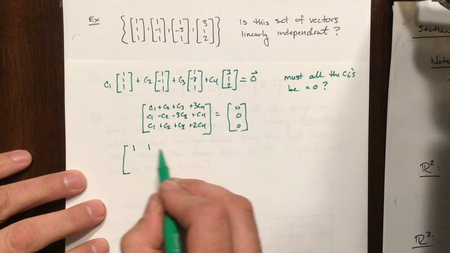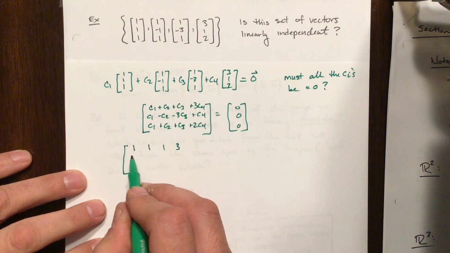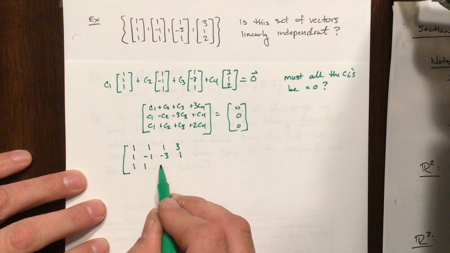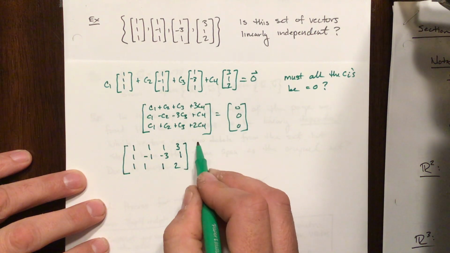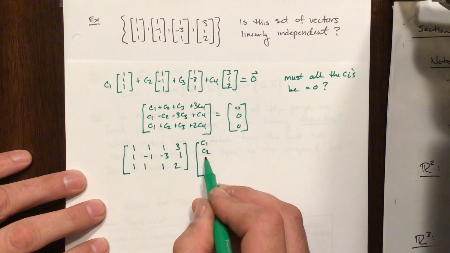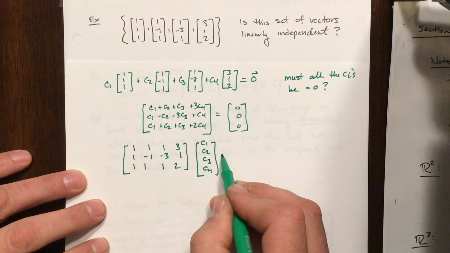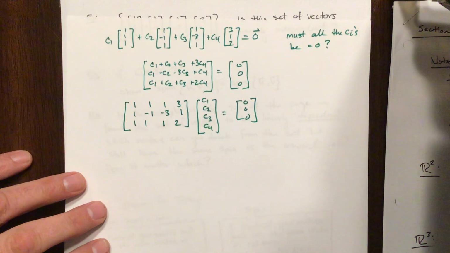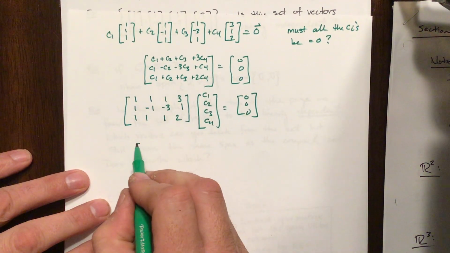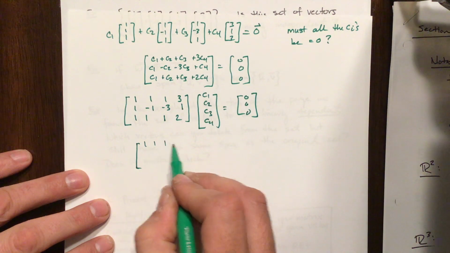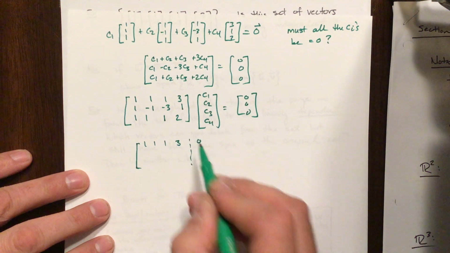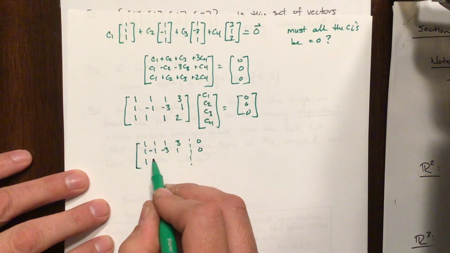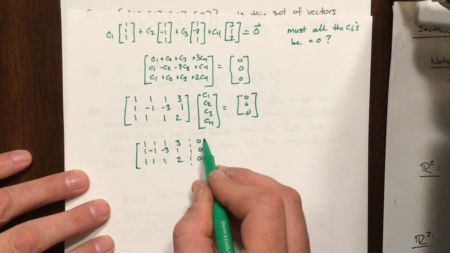So that's [1, 1, 1, 3; 1, -1, -3, 1; 1, 1, 1, 2] times C1, C2, C3, C4 is equal to zeros, which now gives us our augmented matrix: [1, 1, 1, 3 | 0; 1, -1, -3, 1 | 0; 1, 1, 1, 2 | 0].